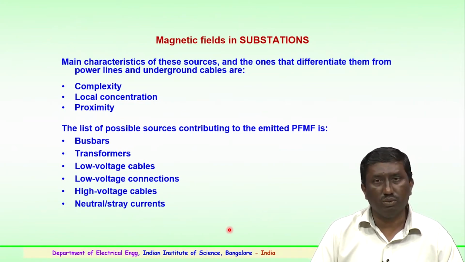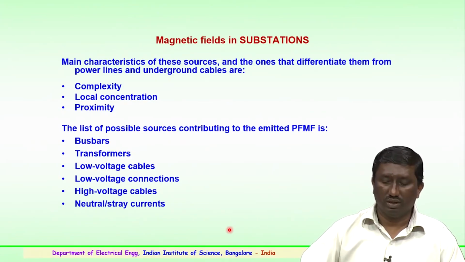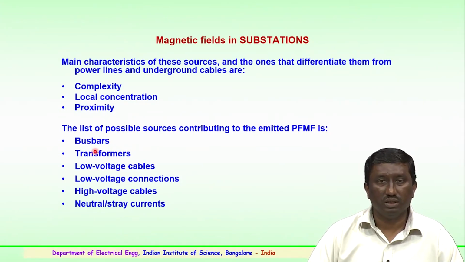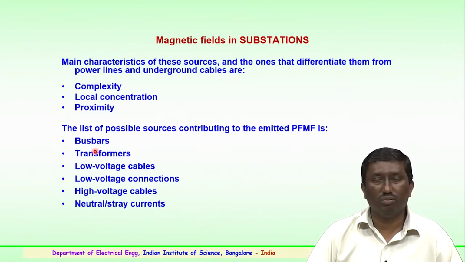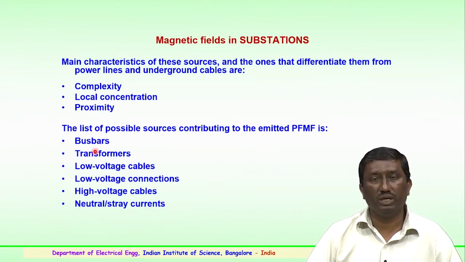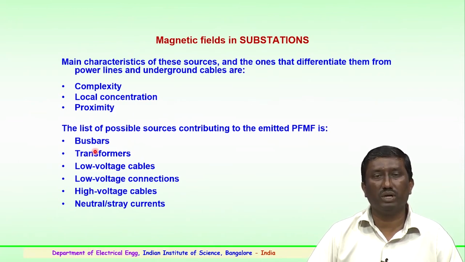The list of possible contributing magnetic fields which are emitted because of the power frequency magnetic field could be the bus bars, that is high voltage conductors, and the transformers, the important component in the substation. The third being the low voltage cables which are connected in the substation, then low voltage connections could be of control cabling or for the metering panels.